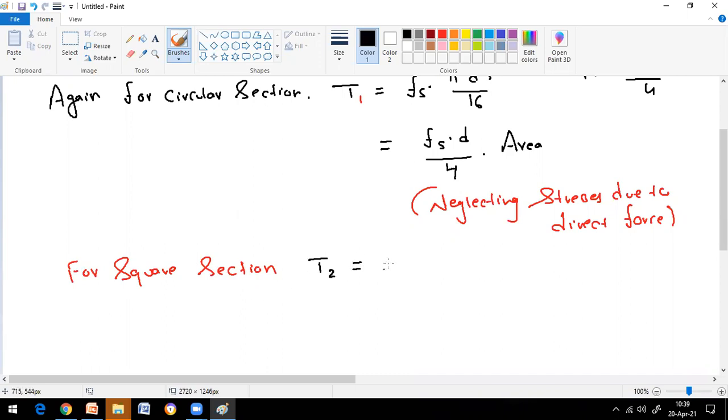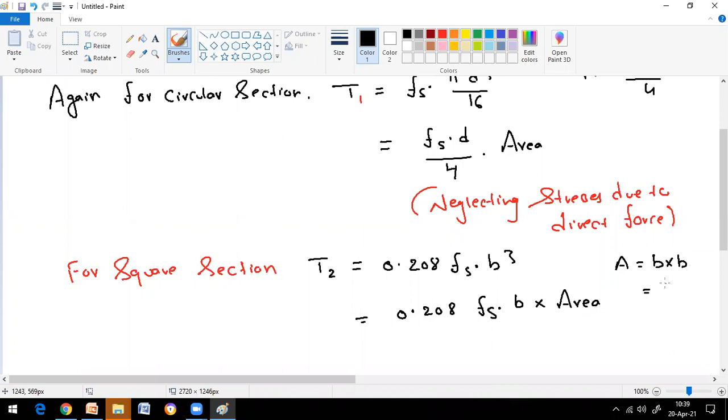What is the torque of a square section? 0.208 Fs into B cube, which is 0.208 Fs into B into area. Why? Because the area of the square section is B into B, which is B square. So we can write the square section as 0.208 Fs into B into area, right?